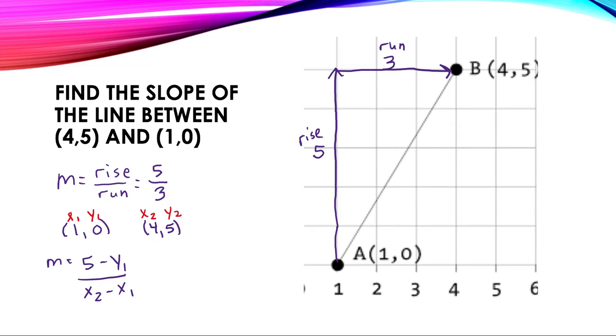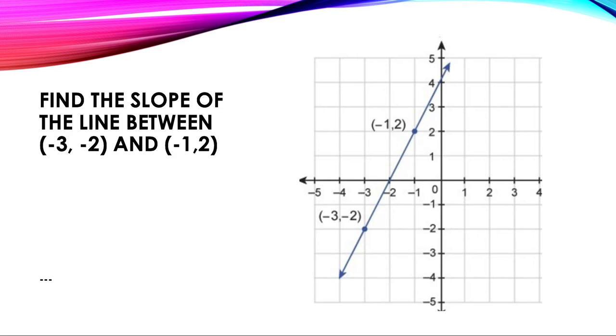And in place of the y1, I'm going to put 0. In place of the x2, I'm going to put the 4. And in place of the x1, I'm going to put the 1. And so once I plug in all my numbers, then I can do the algebra. 5 minus 0 is 5. 4 minus 1 is 3. And you can see that in either case, by using either formula, you get the same answer for the slope.